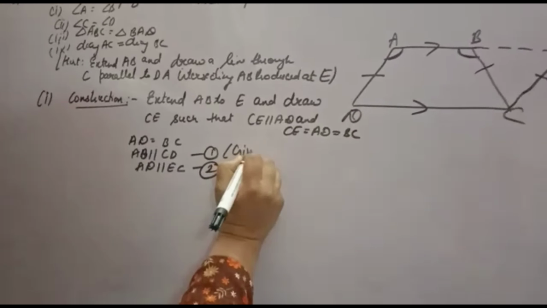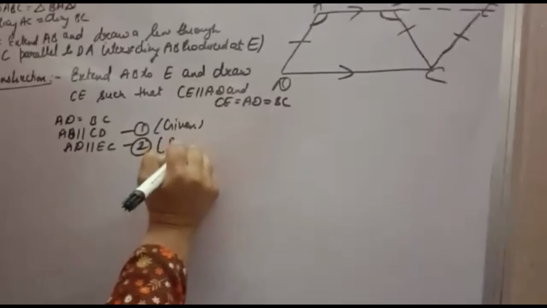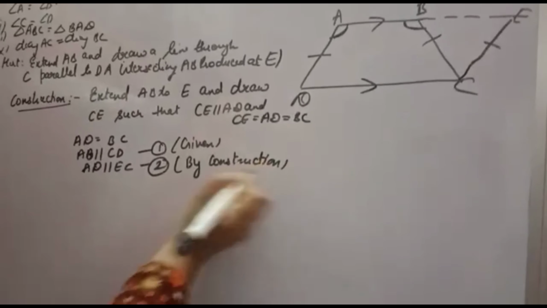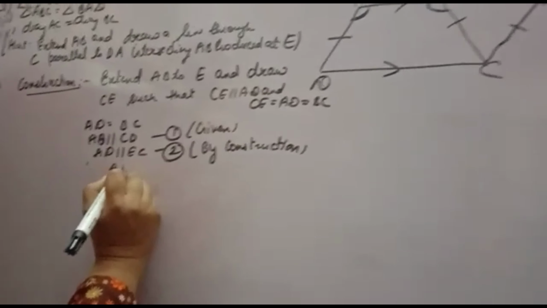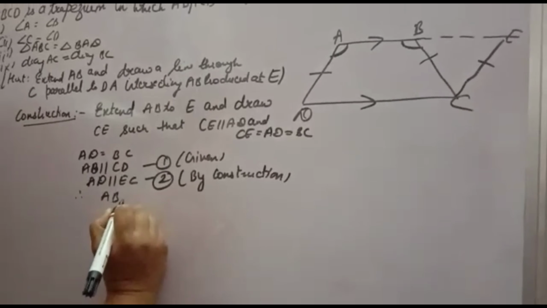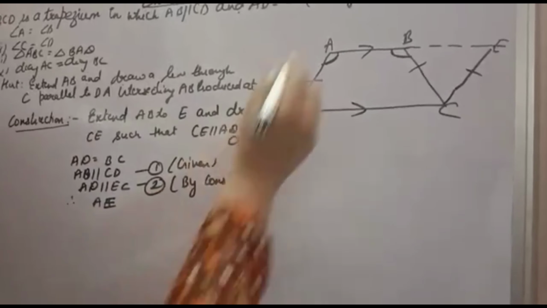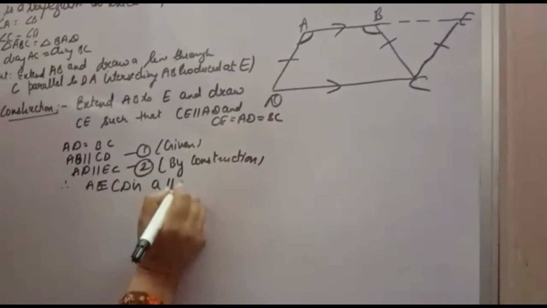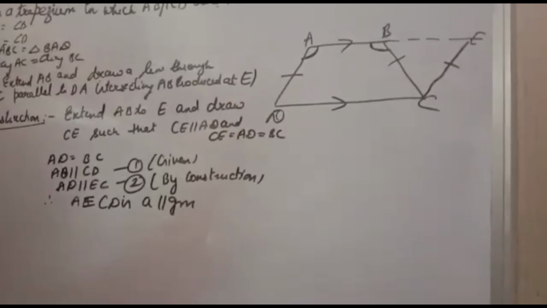Here you write given because it is given, and here you write by construction because you have done this by construction. Then you can say that therefore AECD is a parallelogram, because in a parallelogram opposite sides are parallel.